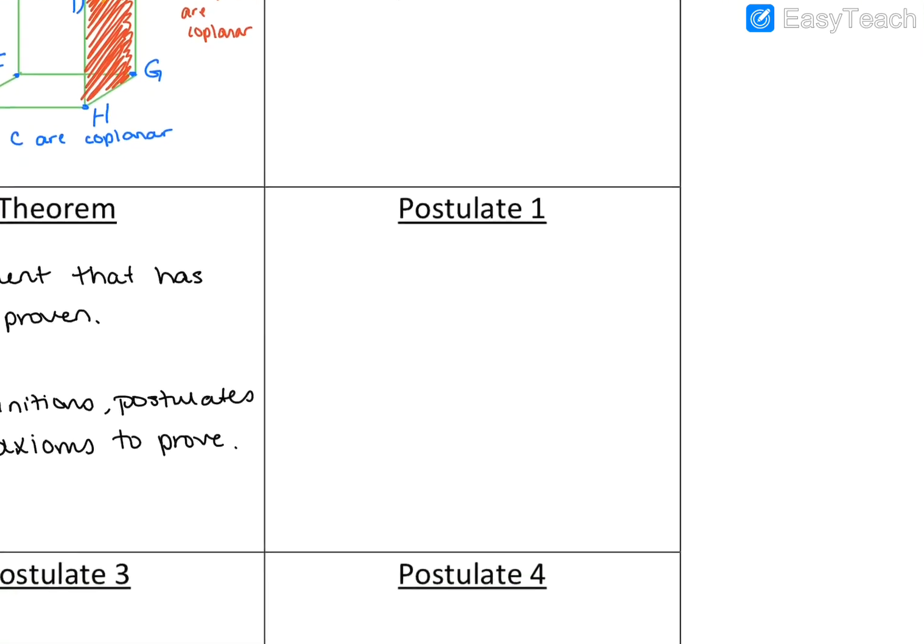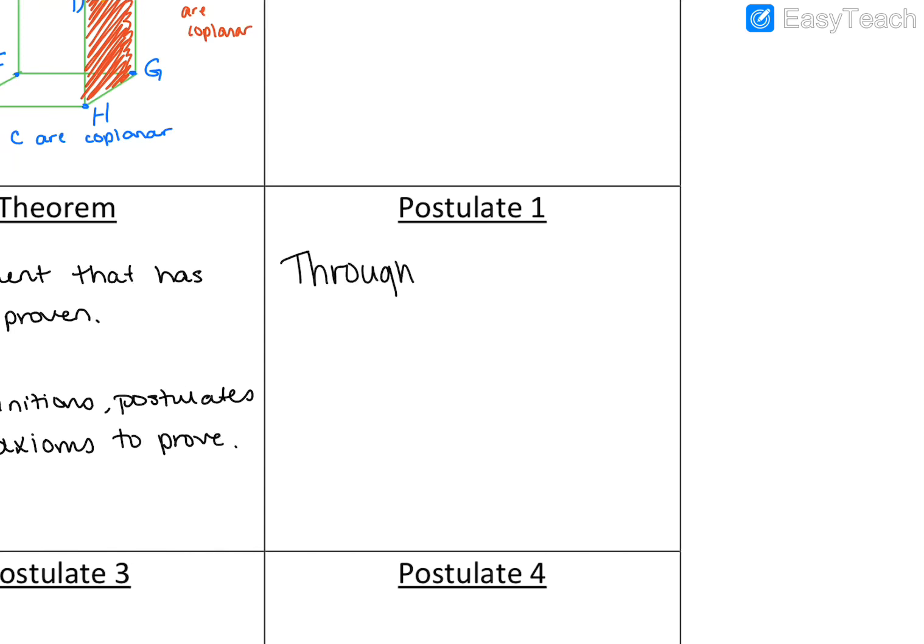So that's where we talked about postulate 1, because postulate 1 says that through any 2 points, there is one line.